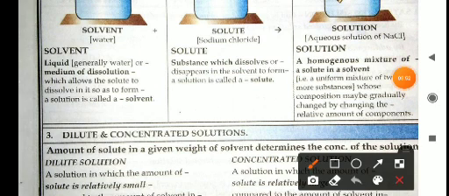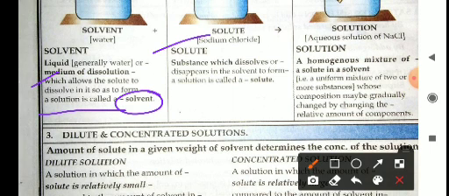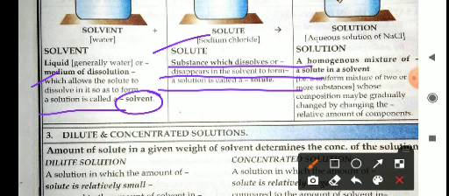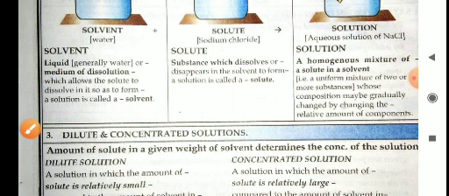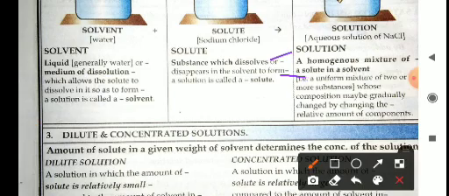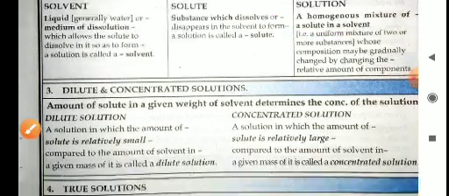Liquids, generally water, are the medium of dissociation which allows the solute to dissolve in it so as to form a solution, and are called the solvent. Solute: the substance which dissolves or disappears in the solvent to form a solution is called the solute. And solution: a homogeneous mixture of solute and solvent is called a solution.